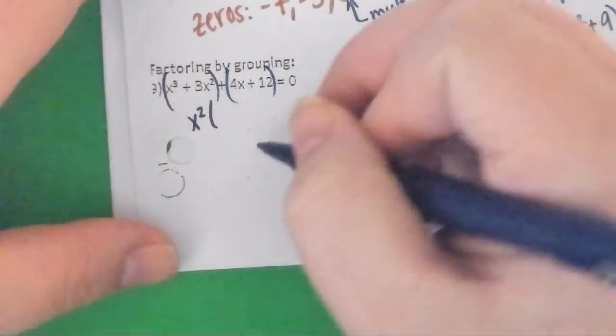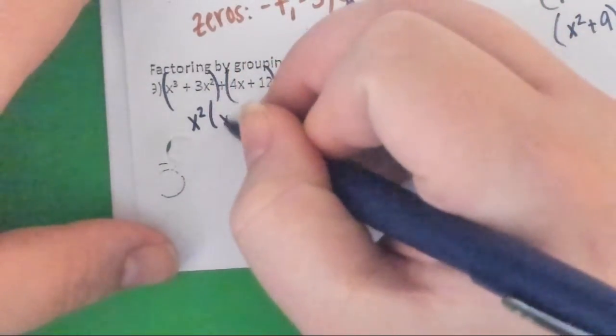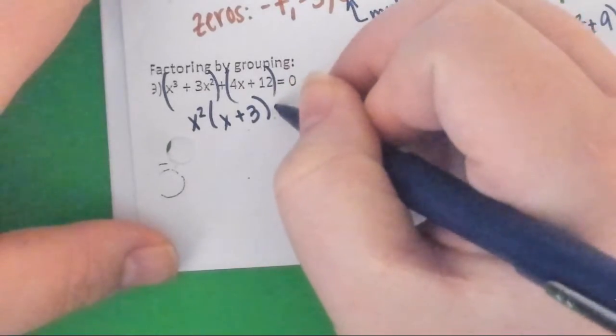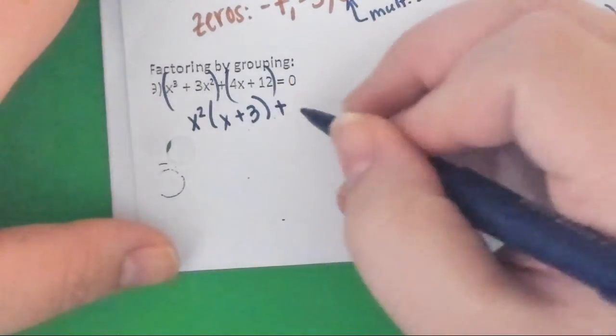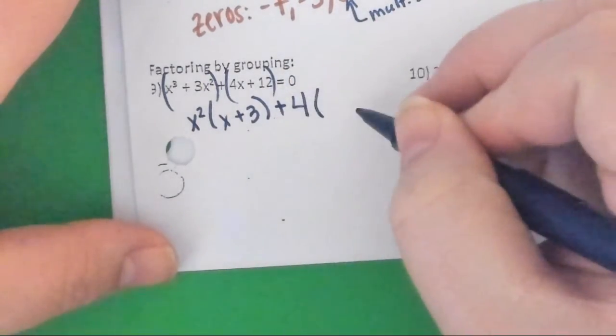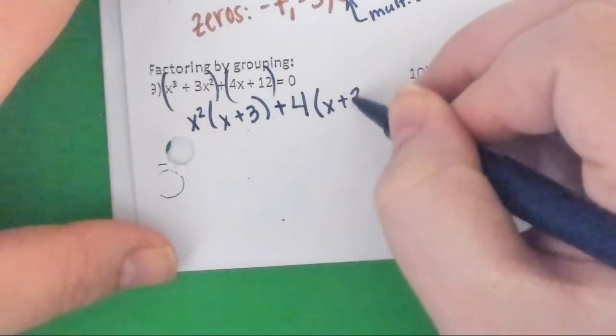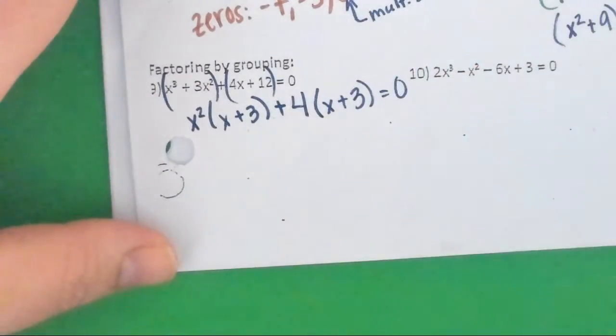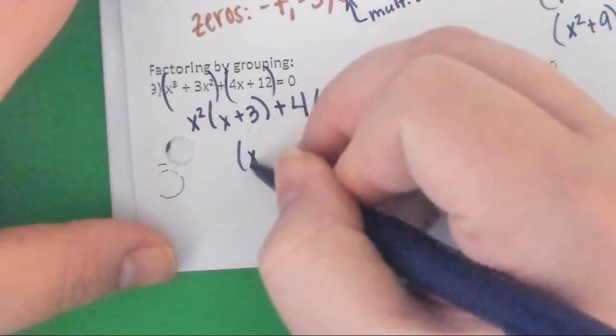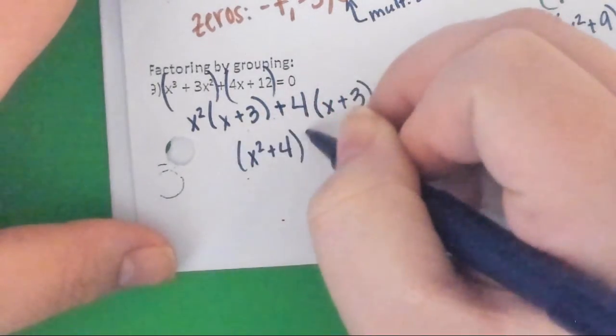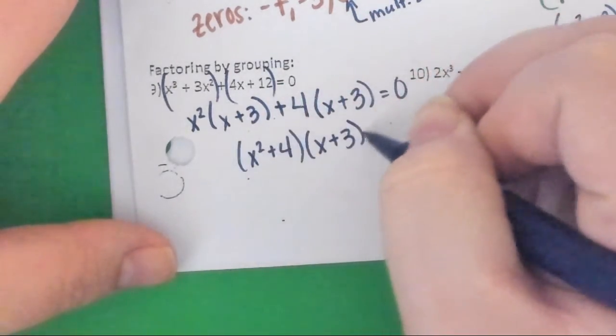An x squared, yes. So we're left with an, okay, so what should we factor out of that second group? And if we factor out a positive 4, we're left with an, and I'm happy because they match. So I'm going to have x squared plus 4 times x plus 3 equal to 0.